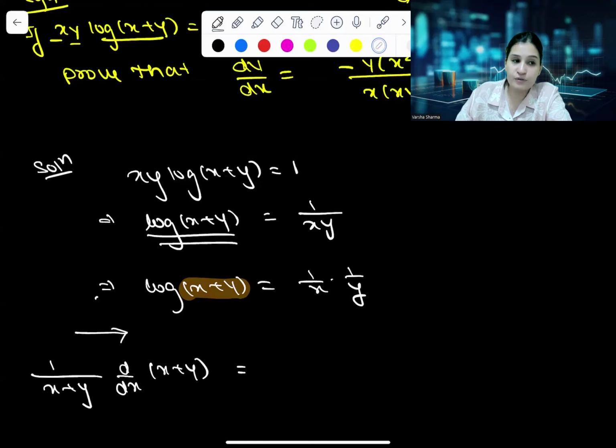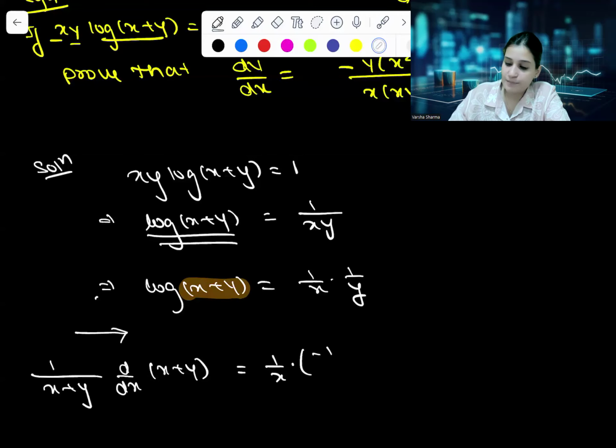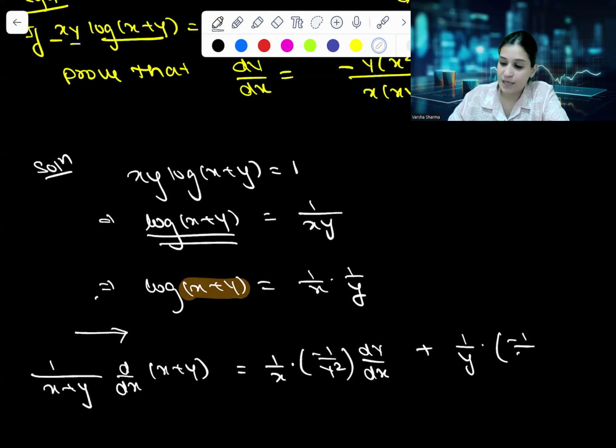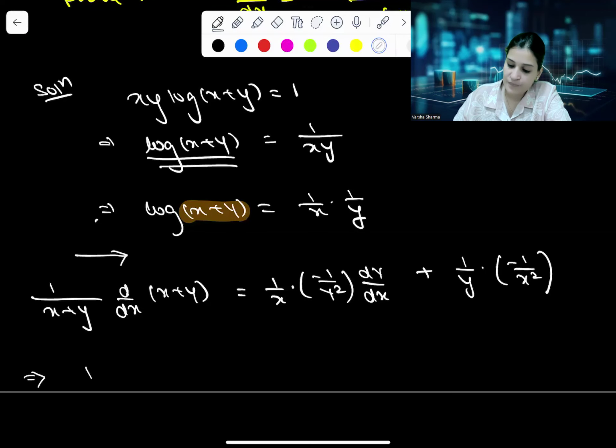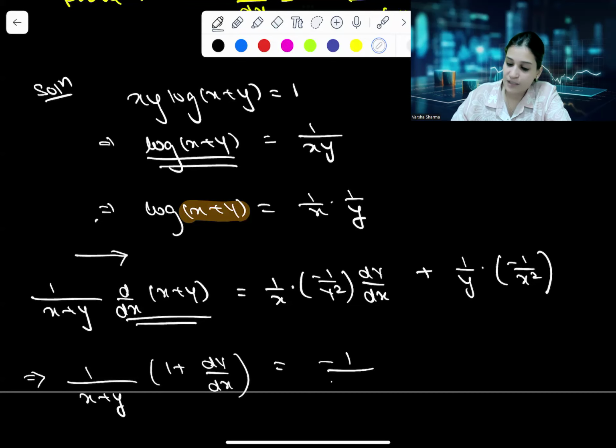Here applying the product rule, 1 by x as it is, 1 by y becomes minus 1 by y square dy by dx, plus 1 by y as it is, 1 by x becomes minus 1 by x square. 1 upon x plus y. This will be 1 plus dy by dx, minus 1 upon xy square, minus 1 upon x square.